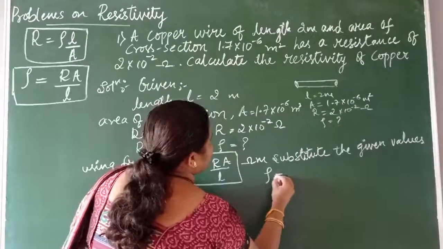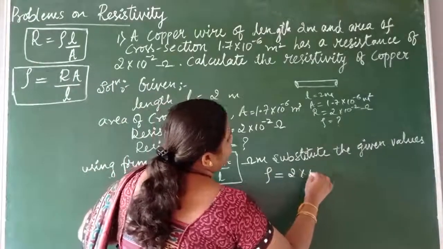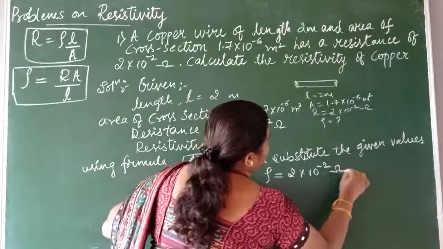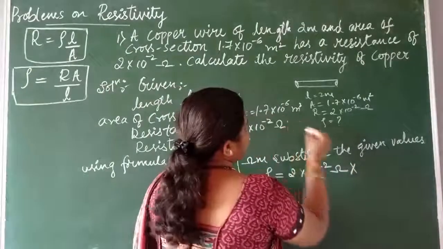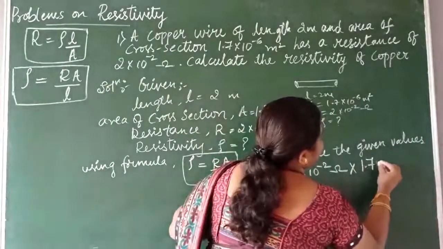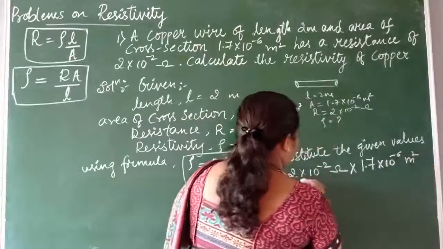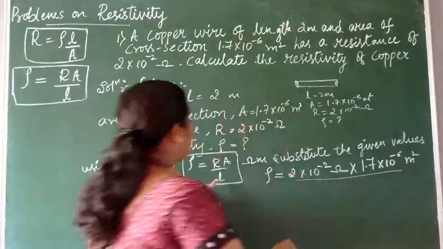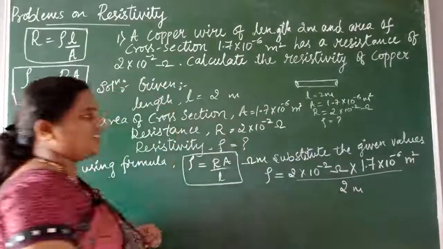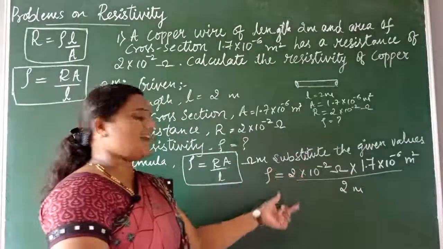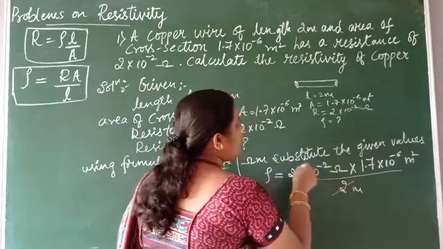Rho is equal to R, how much, children? 2 into 10 to the power of minus 2 ohms, into A. What is the A value? 1.7 into 10 to the power of minus 6 meter square, divided by L value, how much, children? 2 meter. After substituting the values, we will get this. So now do the cancellation. 2 ones are 2, 2 ones are 2.